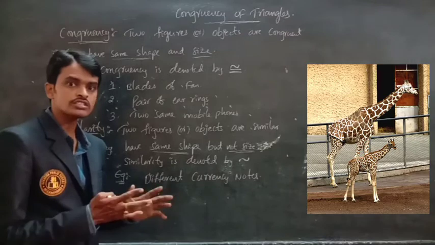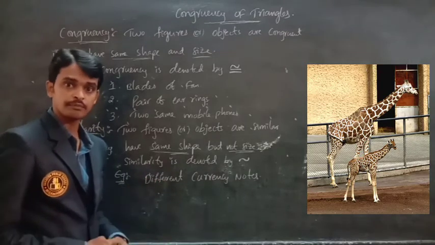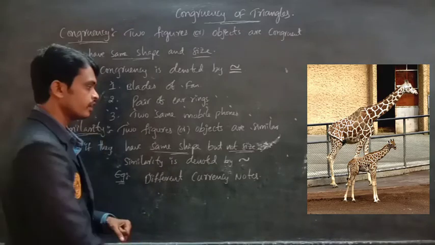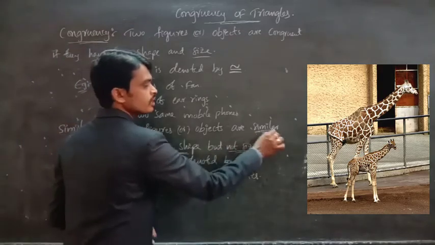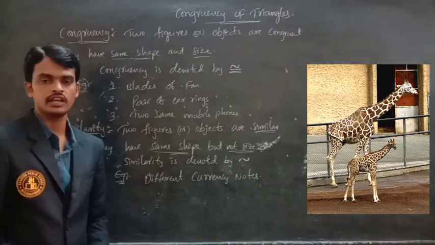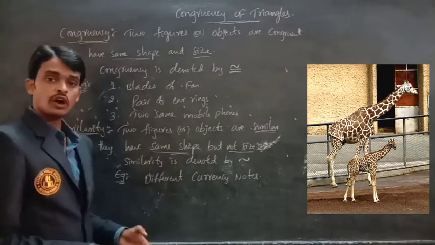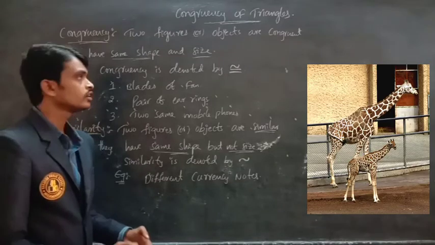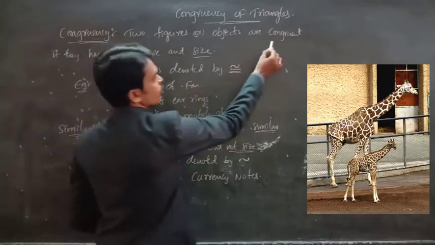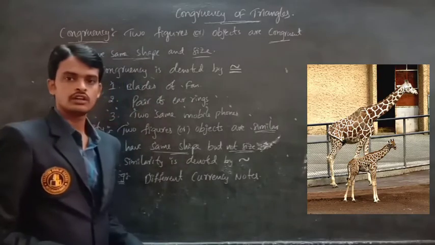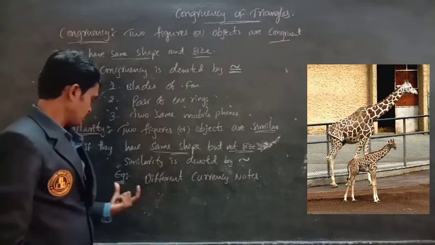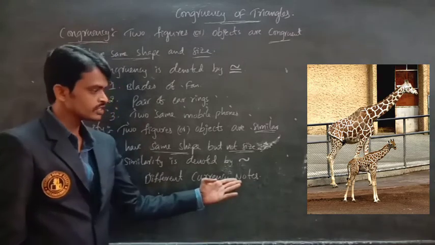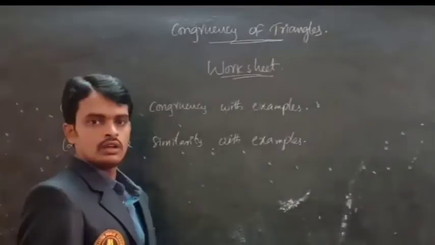So sizes are not the same, but shapes are the same. So these kinds of objects we will say are similar objects. If two objects have the same shape and same size, then it is called congruent. So these are the examples: different currency notes and sizes of the giraffe.